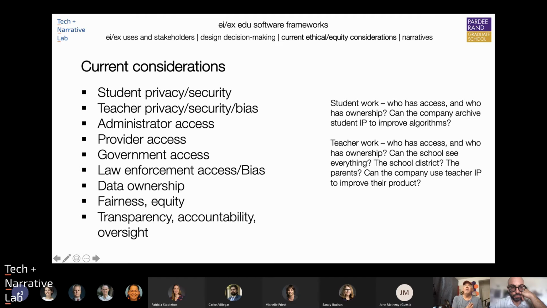And a lot of the factors that you would expect to be problematic around privacy, security, and bias that creeps in are things that need to be considered as you start to work through this. Next slide.